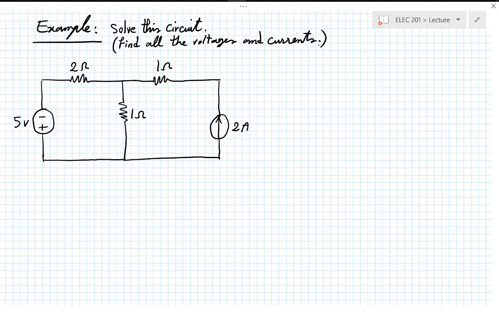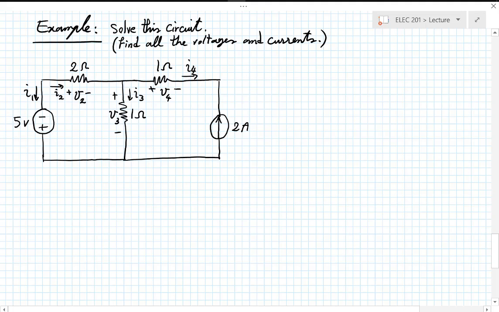Fortunately, for the source, things are easy. We already know the voltage. We don't know the current through this voltage source, so I'll call it I1. This resistor, let's call this I2, and V2. This one, let's call it V3, and I3. And this one, V4 and I4.